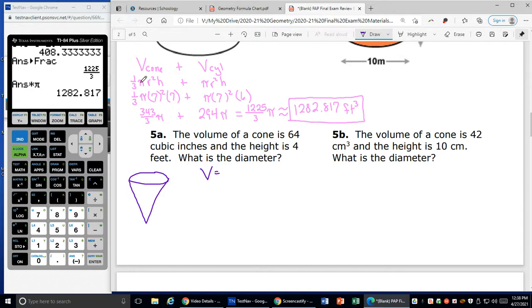Volume of a cone is 1/3 pi r squared h, so I don't have to go look that up. The volume is 64, so I'm going to replace the V with 64, equals 1/3 pi r, I don't know the radius, squared h. The height, it tells me the height is 4.